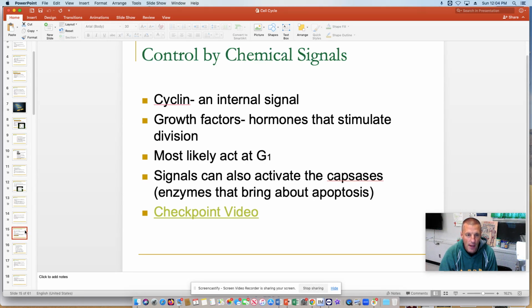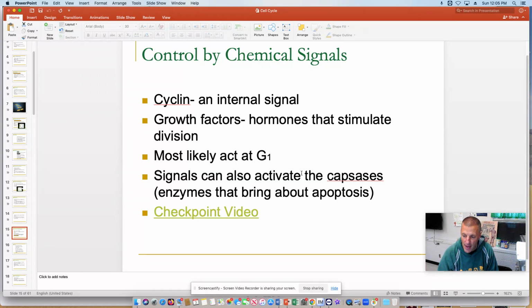Okay? And then here I think we're getting on toward some things that we haven't discussed yet. Cyclin is the chemical signal that makes it continue. Most likely acts at growth 1, after growth 1. And those signals, in other words, determining whether it's in the proper place for the next thing to happen, can either result in pushing it ahead, that is release of cyclin to make it continue, or something called caspases, which would be an enzyme that causes the cell to be destroyed.